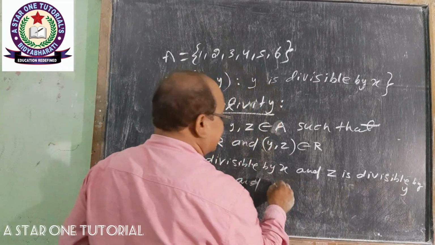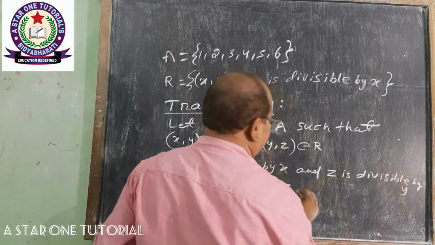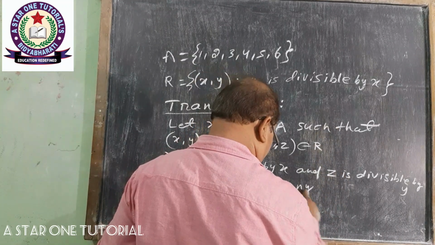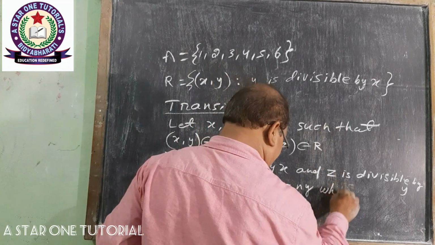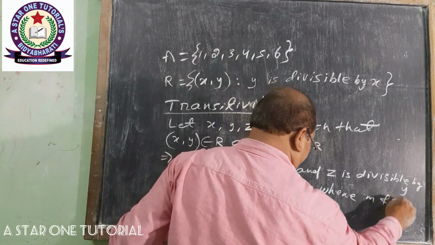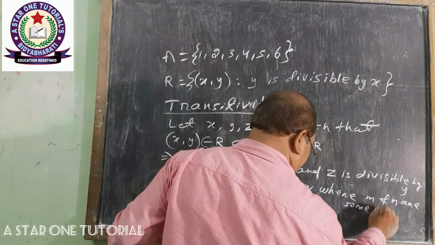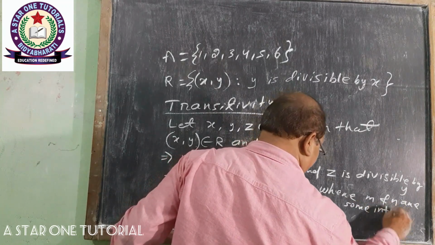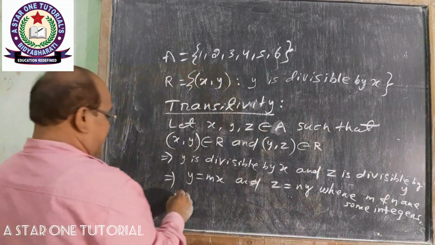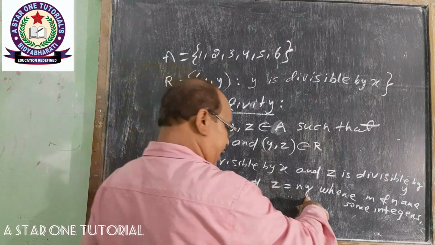That means we can write z equals some integer times y, that is ny, where m and n are some integers. So y equals mx and z equals ny.